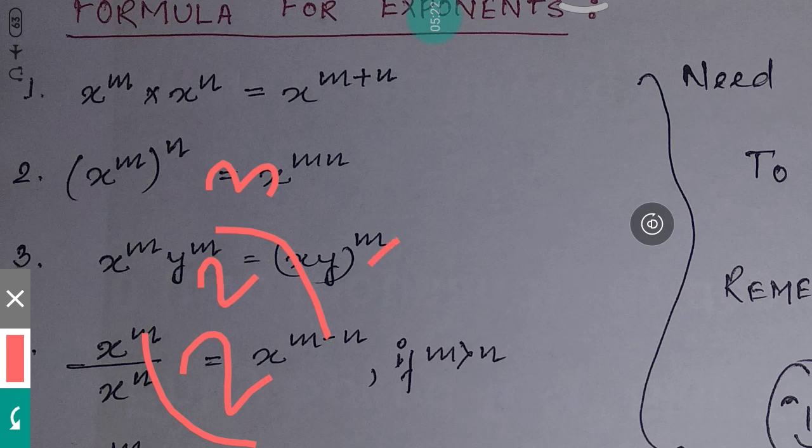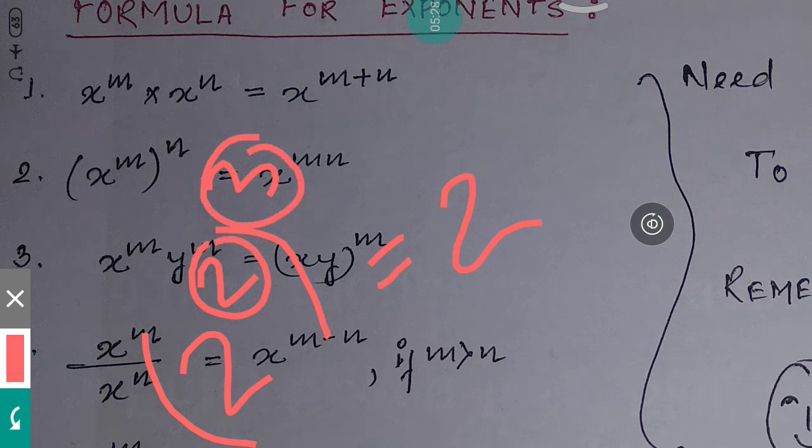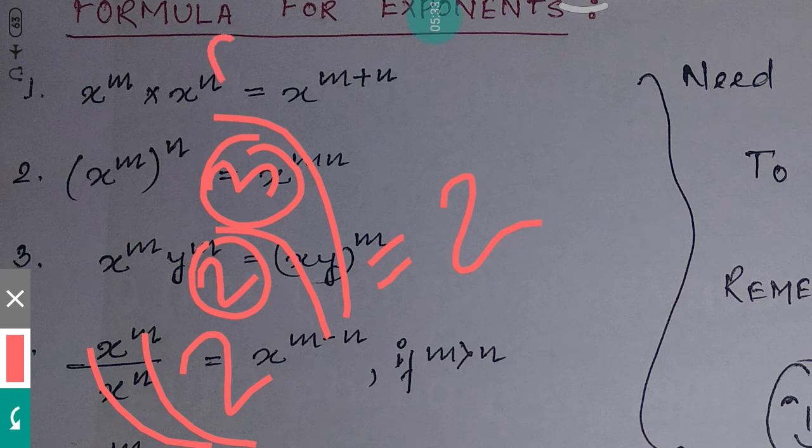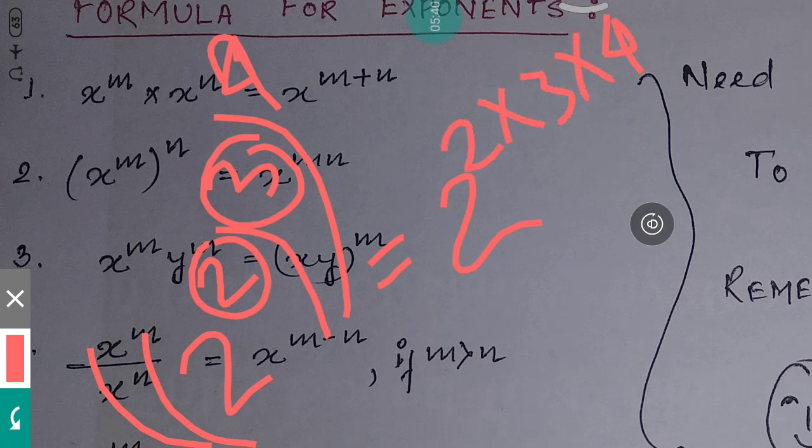Okay, then all the powers we can do the multiplication. If outside the bracket again one power is there, suppose 4 is there, then what we will do, 2 into 3 into 4, that means all the powers will be multiplied.